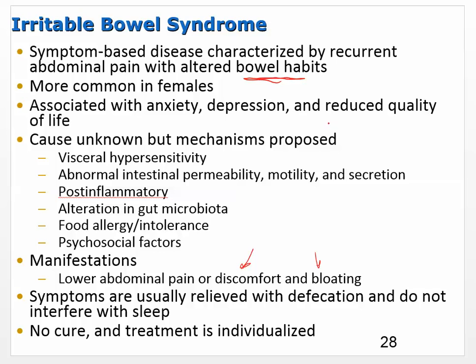It's going to depend on, so different people would express that differently. So it tends to be more common in females, tends to be associated with anxiety, depression, reduced quality of life. Okay, it's more common in females, and someone with irritable bowel syndrome is going to have more anxiety, more depression, more reduced quality of life.